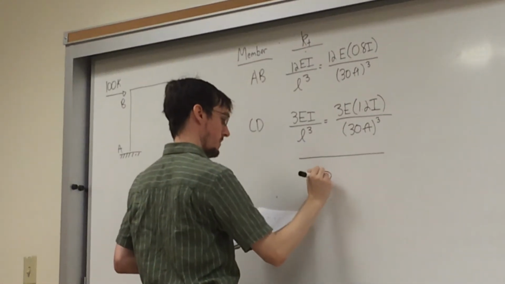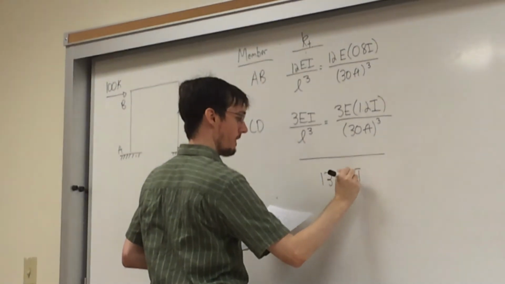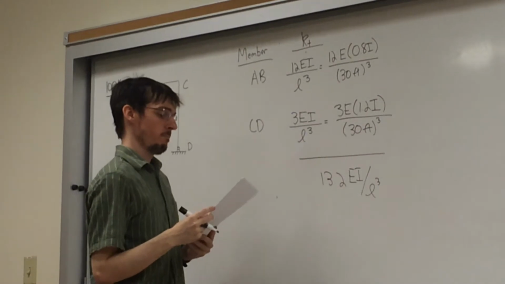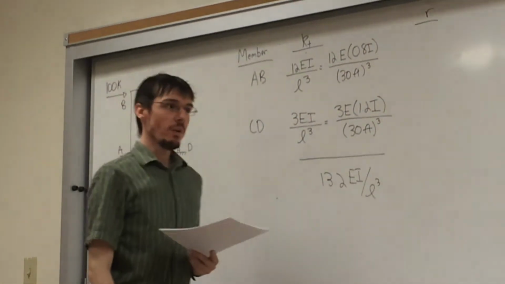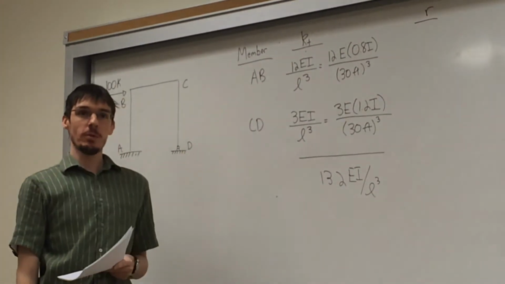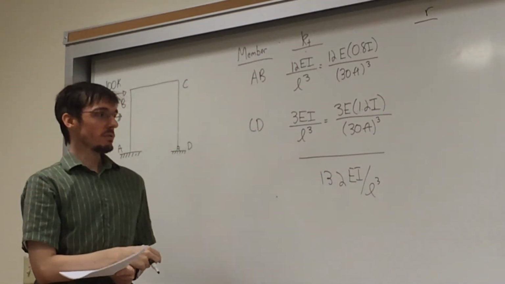And the sum of these would be 13.2 EI. The same idea, we want to look at the ratio of member AB to the total translational stiffness of the frame. So the total translational stiffness would be the sum of these two members.